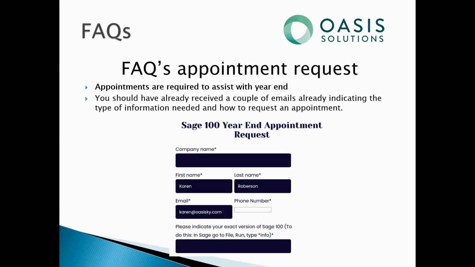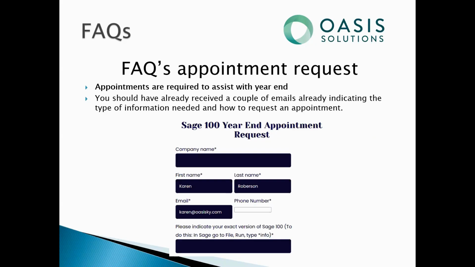And on that appointment request, we need your company name, your name, email, phone number, and then we've requested here what version of Sage 100, because if we see that you've got an older version, we might need to take care of some things sooner rather than later.